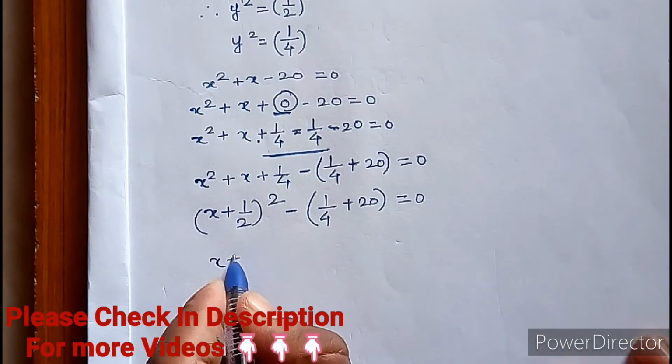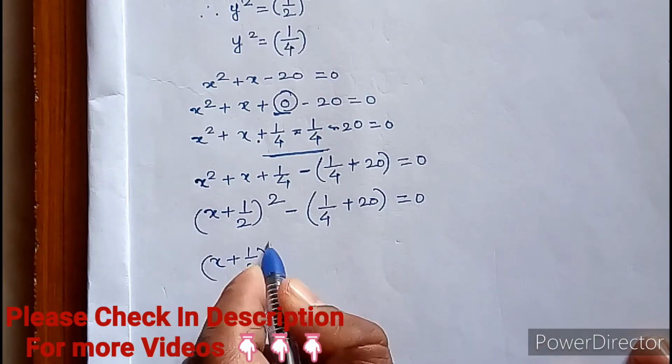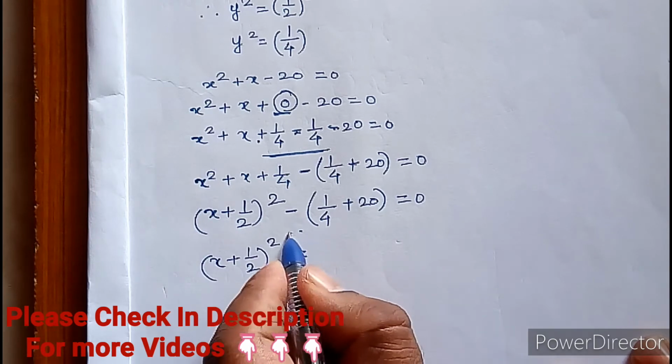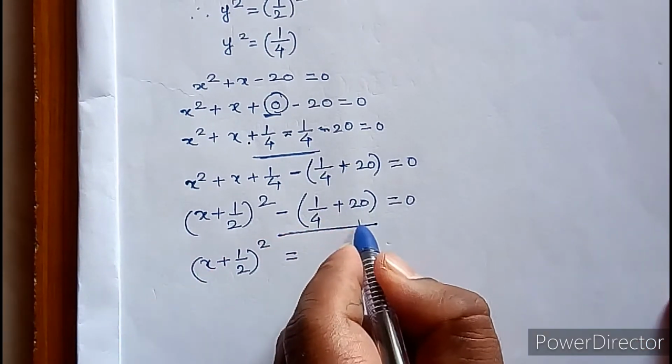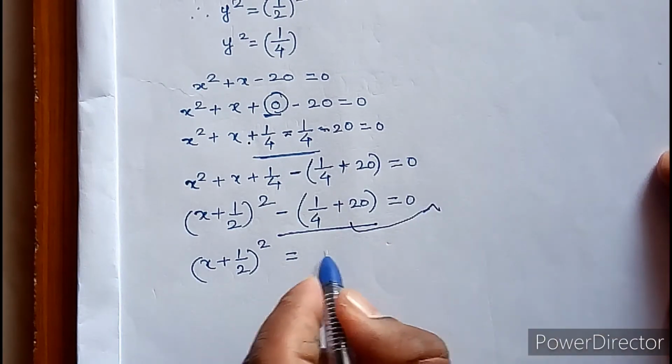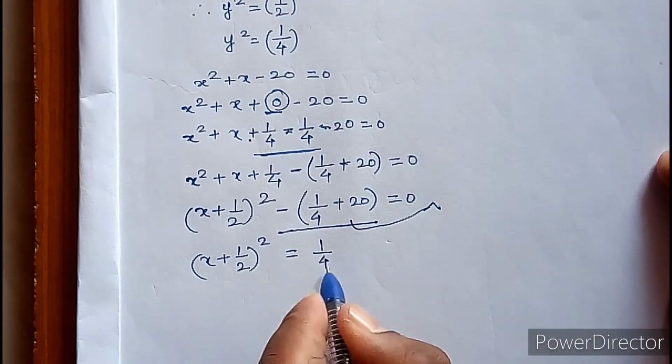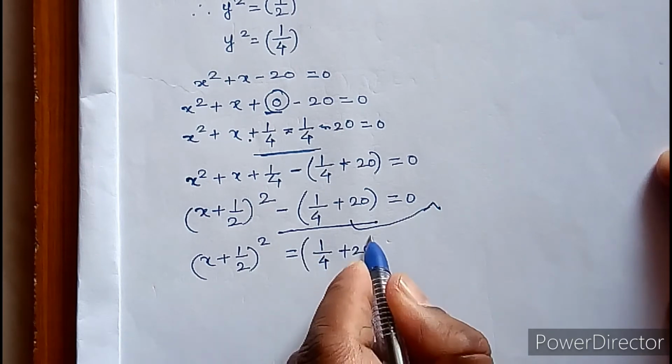Now here x plus 1 by 2 whole square will be equal to, now this is minus 1 by 4 plus 20 in bracket. On shifting to the right hand side it will become plus of 1 by 4 plus 20, which you have to keep in bracket.